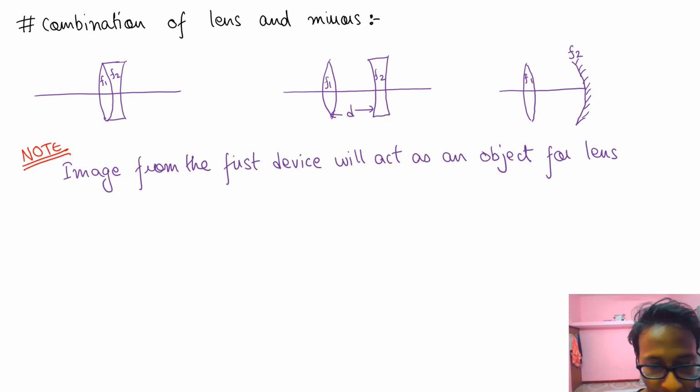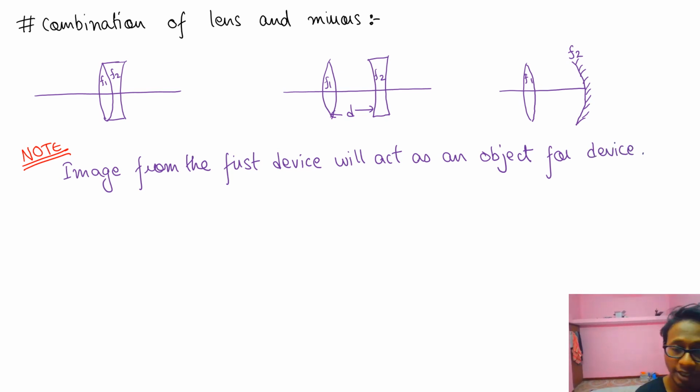Acha, how to know the first device and second device? See, always trace the path of the incident ray. Suppose our object was here, the incident ray would go through this one, so this one is the first device and this one is the second device, and this one would form an image here.